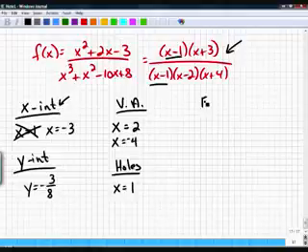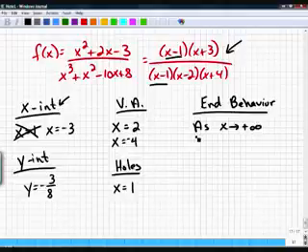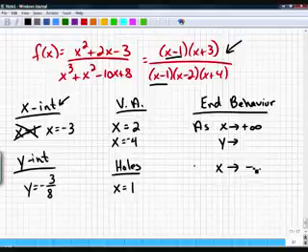Finally, it asks for end behavior. This is how I want you to describe end behavior. As x approaches positive infinity, y approaches whatever, and as x approaches negative infinity, y approaches whatever.